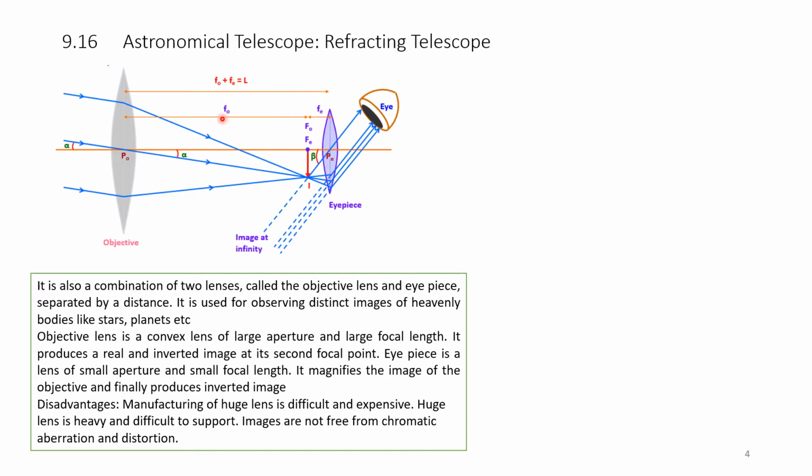So obviously, as seen from the diagram, f naught is larger than fe.